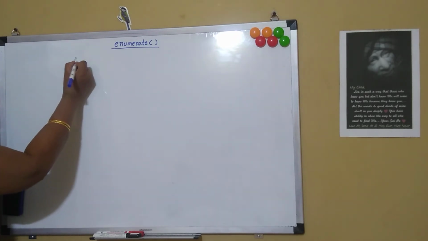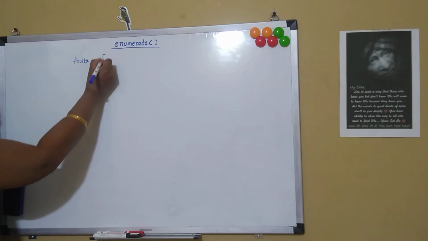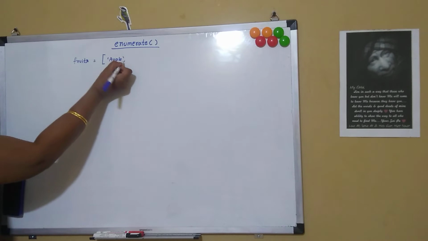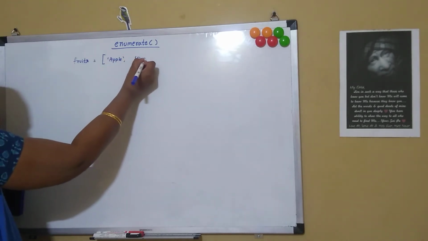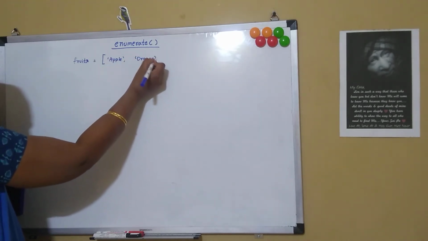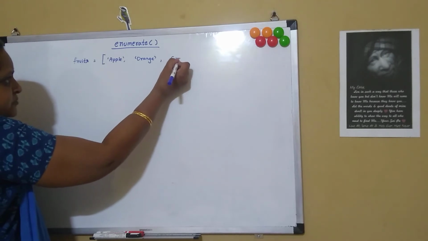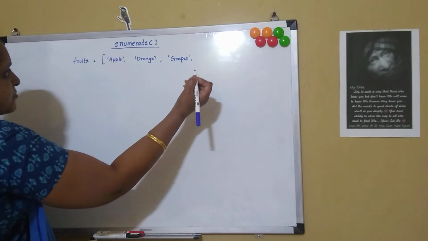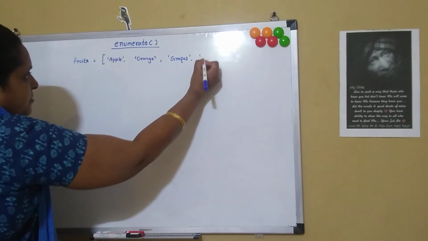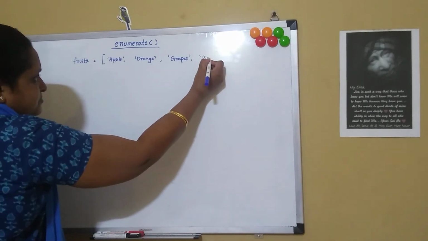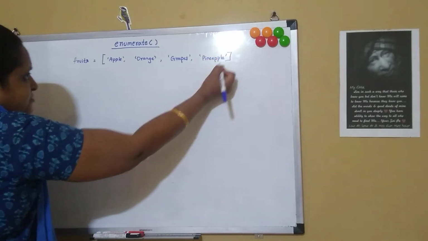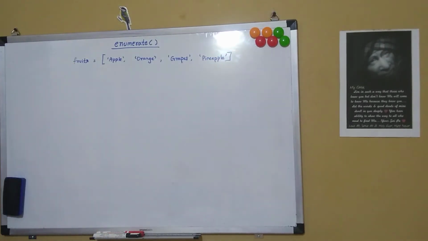Suppose I have a list called fruits, which has apple, orange, grapes, and then pineapple. So these are the fruits present in the fruits list.